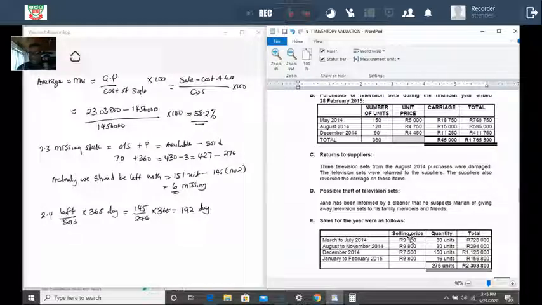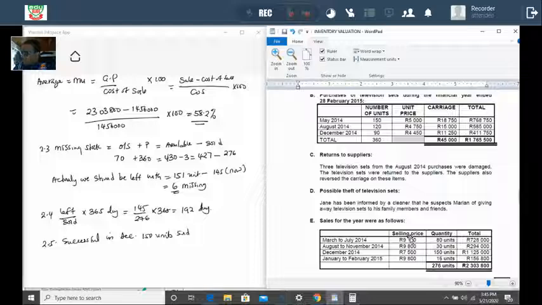was reduced. So you see that we can say that it was successful in December because many units, 150 units, were sold. But what happened?